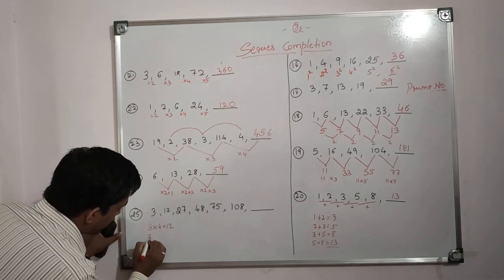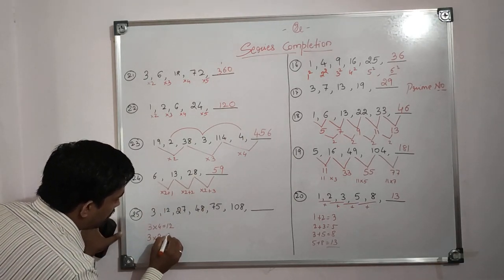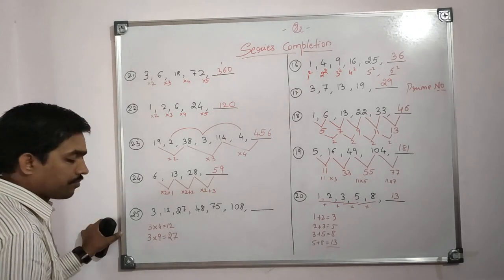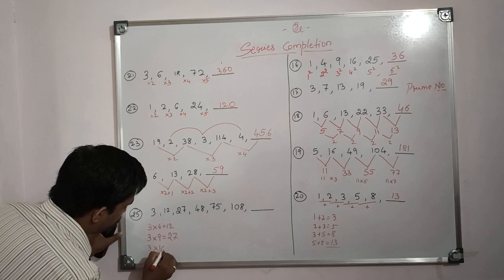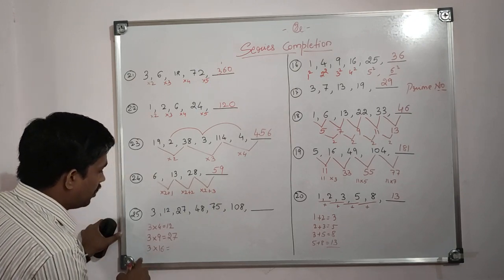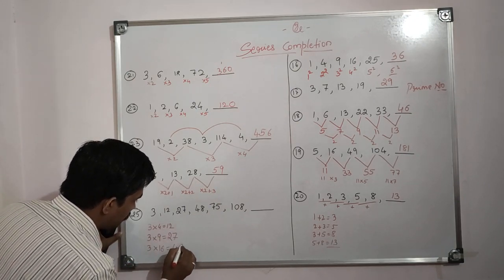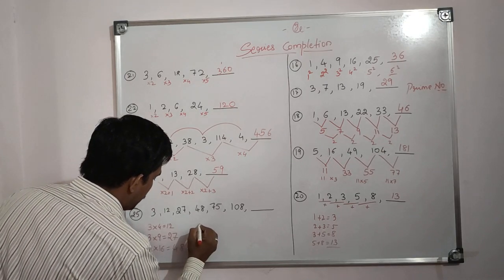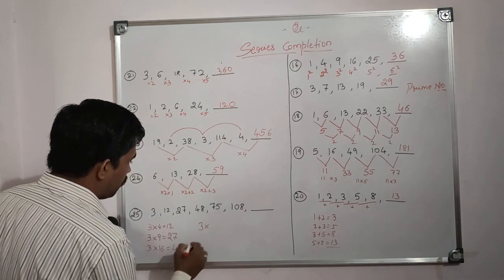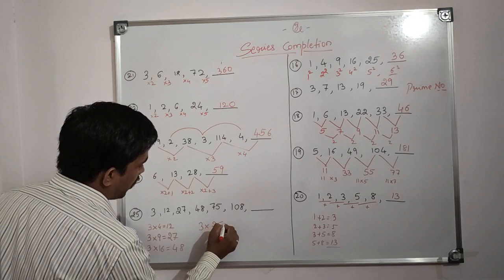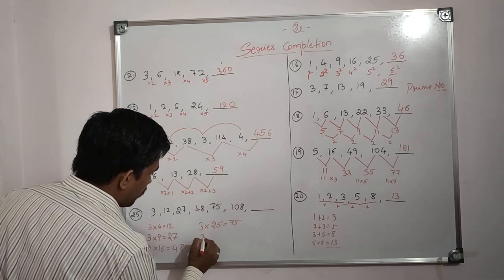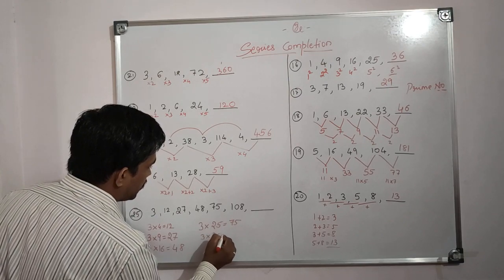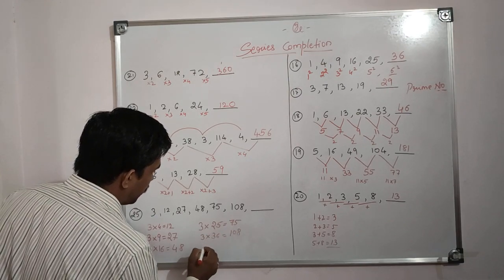So 3 into 9 is 27. So next, 3 into 16 is 48. And then 3 into 25 is 75. Next, 3 into 36 is 108.